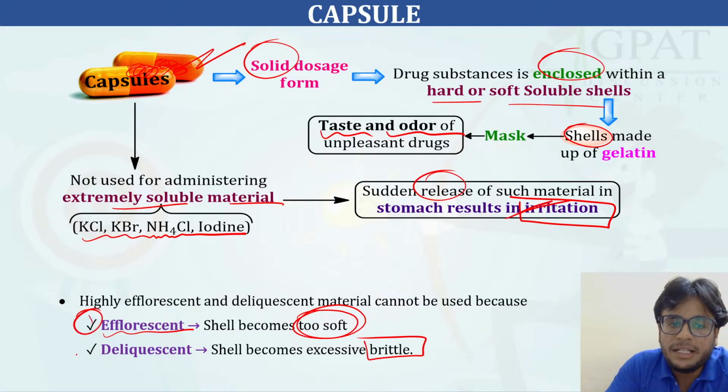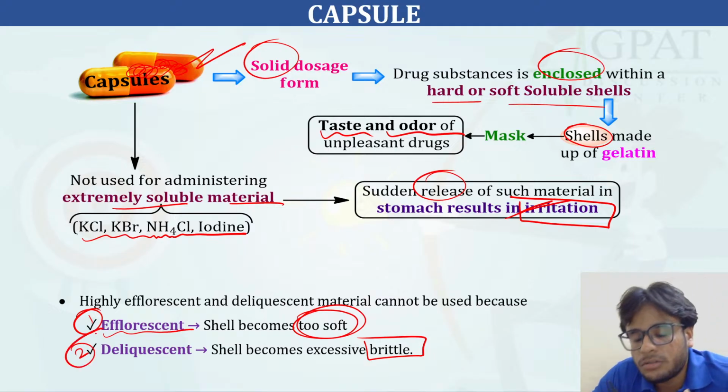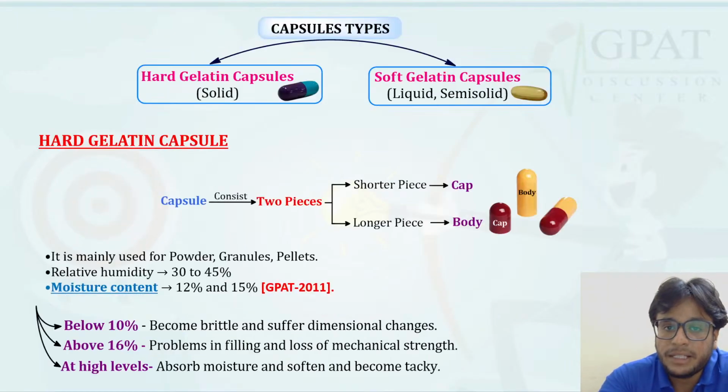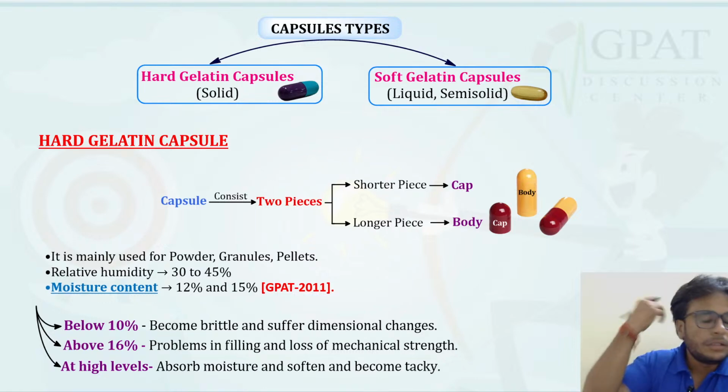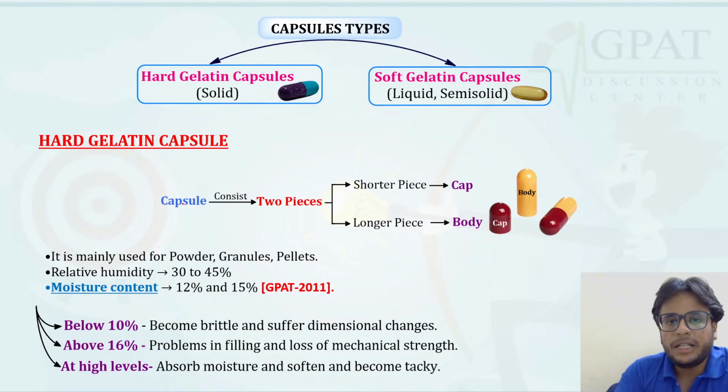So effervescent will make the capsule shell soft, and deliquescent will make the capsular shell what? Brittle. So there are two kinds of capsule, the hard gelatin capsule or soft gelatin capsule.